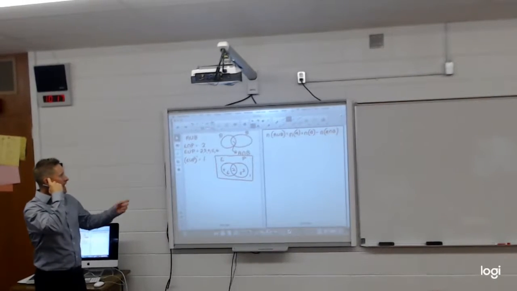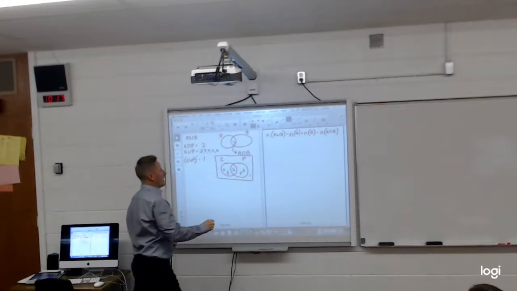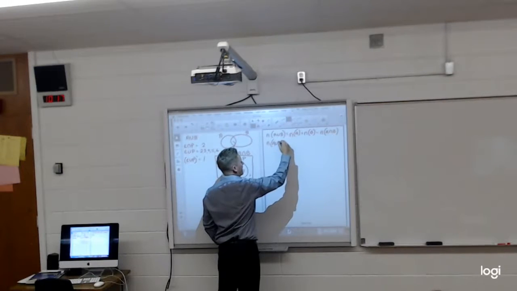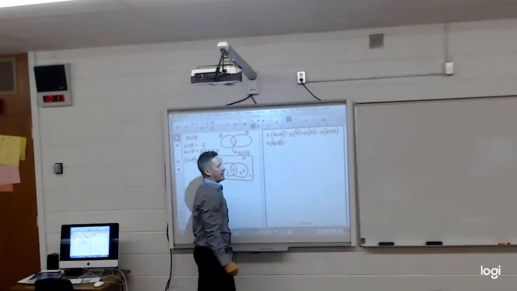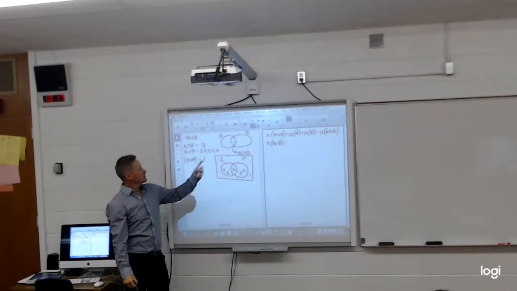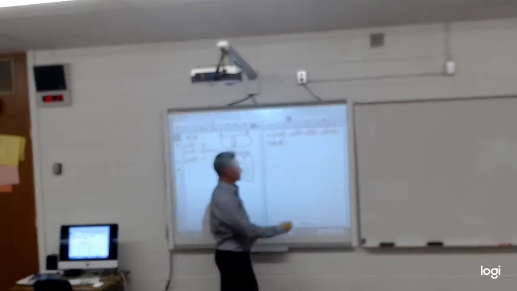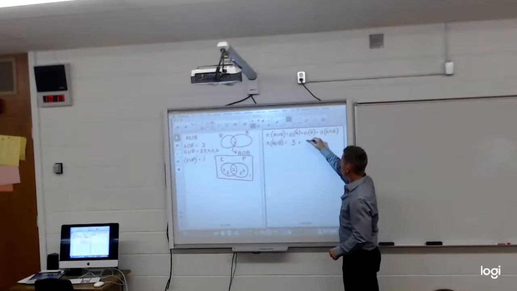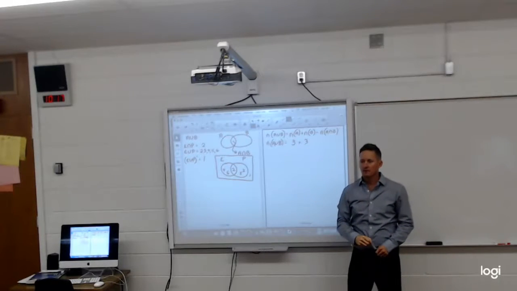So if I look at A or B, this is asking you for how many were in A or B, okay? So how many even numbers did I have? 3. How many prime numbers did I have? 3.